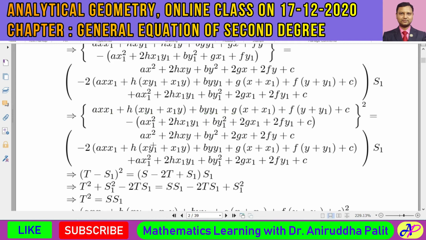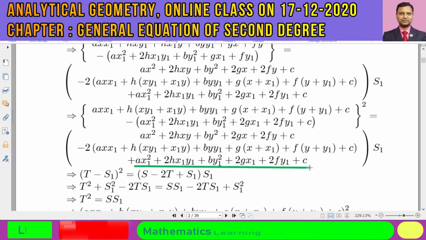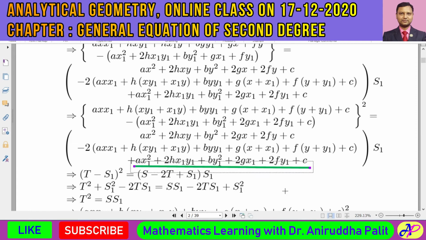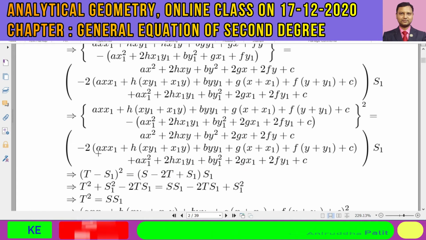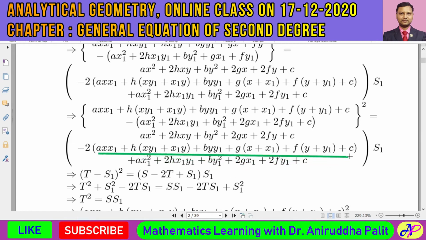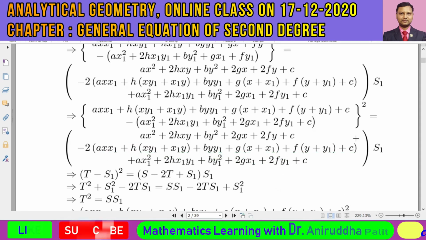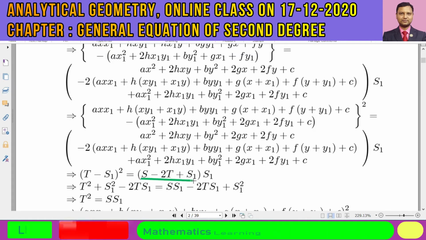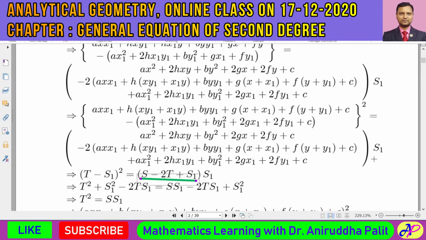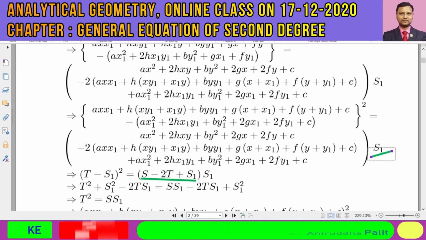And similarly, on the right hand side, this is the expression of capital S. Then this is the expression of capital S1, and this is the expression of capital T. So we can say that the expression within bracket can be written as S minus twice T plus S1 multiplied by this S1, of course.